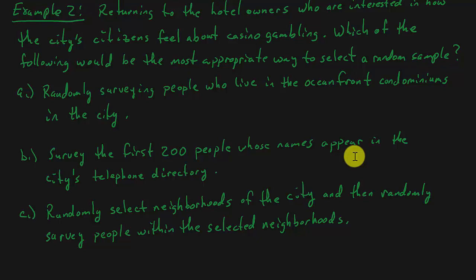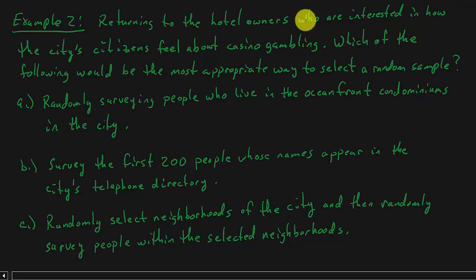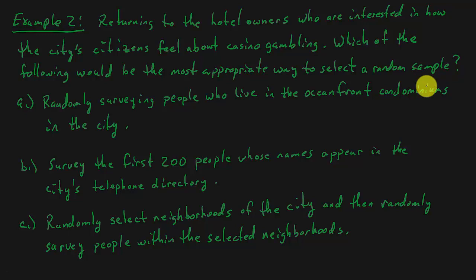Let's go back to the hotel owners who are interested in how the city's citizens feel about casino gambling. Which of the following would be the most appropriate way to select a random sample? What about randomly surveying people who live in the oceanfront condominiums in the city?